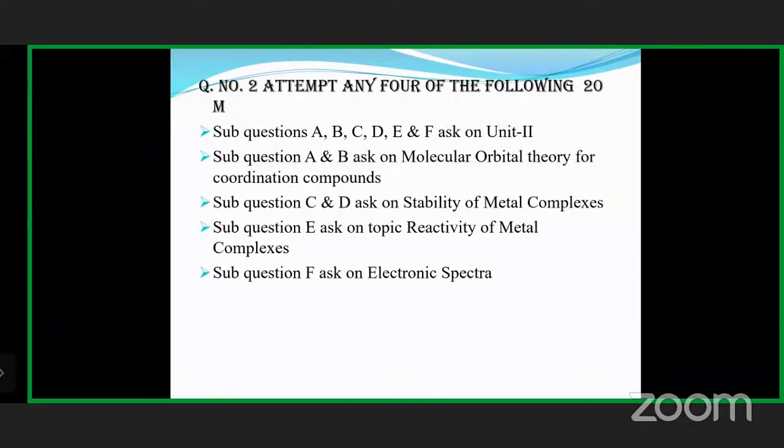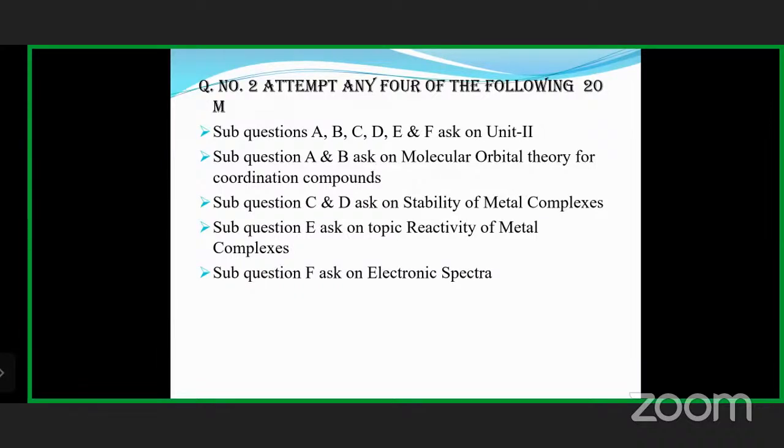Now question number 2: again attempt any 4 of the following, 20 marks, and sub-questions are 6, A, B, C, D, E, F. This question 2 is entirely asked on unit second. The classification for this unit is like this.